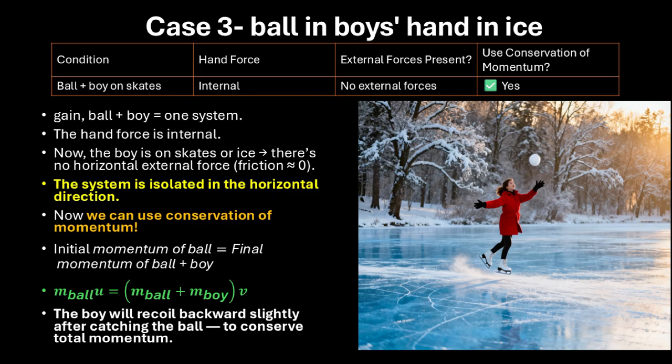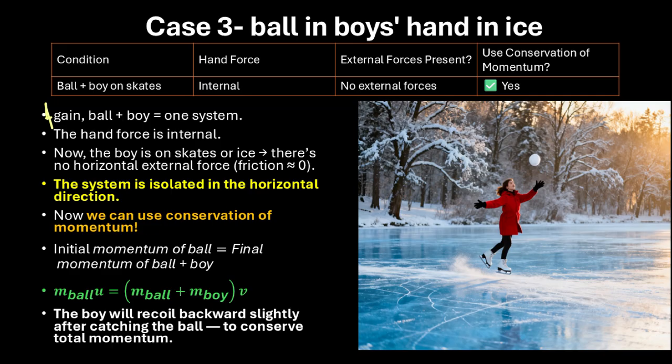Oh, sorry, this. So again, ball plus boy is one system. The hand force is internal. Now the boy is on skates or ice. There is no horizontal external friction, which of course practically means that friction is almost equal to 0. Now the system is isolated very specifically in the horizontal direction.